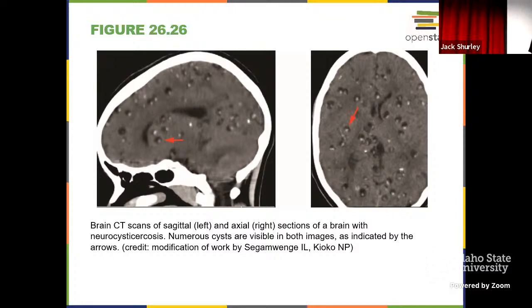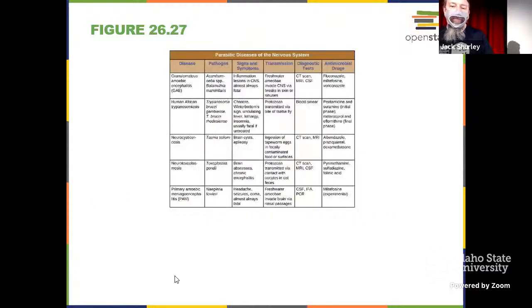We would get infected by consuming improperly or poorly cooked pork, consuming that cyst, getting the adult stage of the worm in the intestines, and then shedding eggs, and those eggs being consumed. So not only do we serve as a definitive host harboring the adult worm, we also could serve as an intermediary host harboring the larval stages, and likely a dead end in that circumstance.